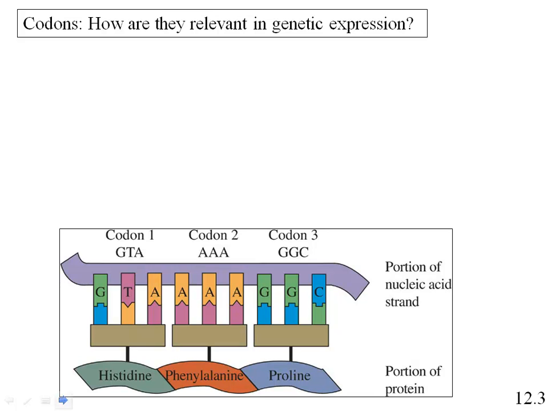So the codons help us determine the sequencing. In this case right here, we have 1, 2, 3, 4, 5, 6, 7, 8, 9 base pairs. Remember, a base pair is 2 bases together. All right. And this sequencing, this is codon 1, GTA, codon 2, AAA, and codon 3, GGC.